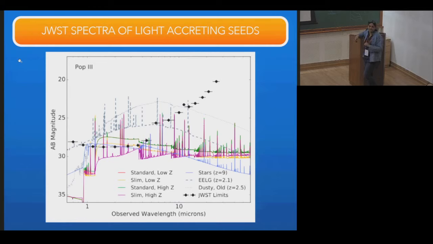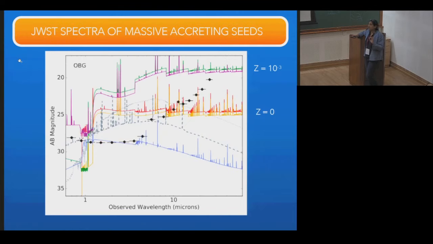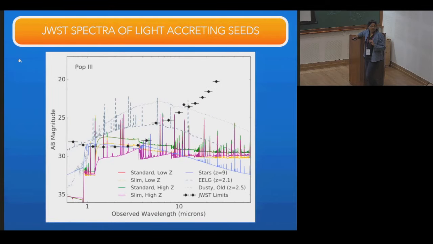It's a little bit of leeway there. So any luminous quasar that JWST detects at extremely high redshift, we are arguing has to have had a direct collapse black hole seed, because a population 3 seed just would not have enough.